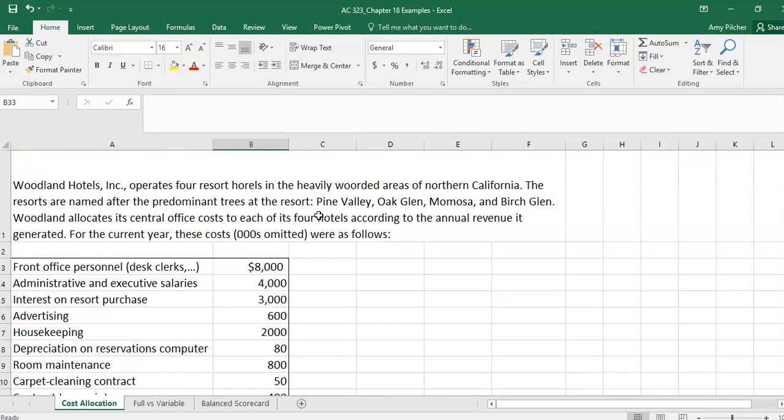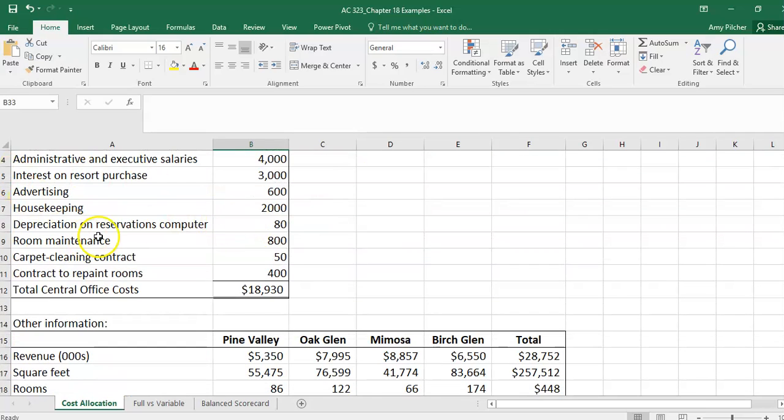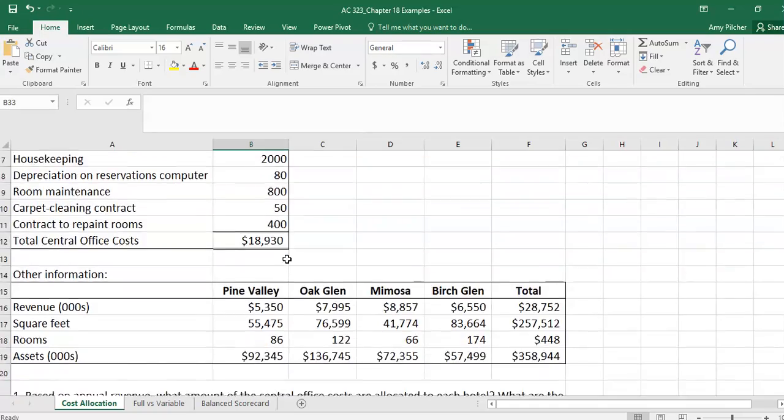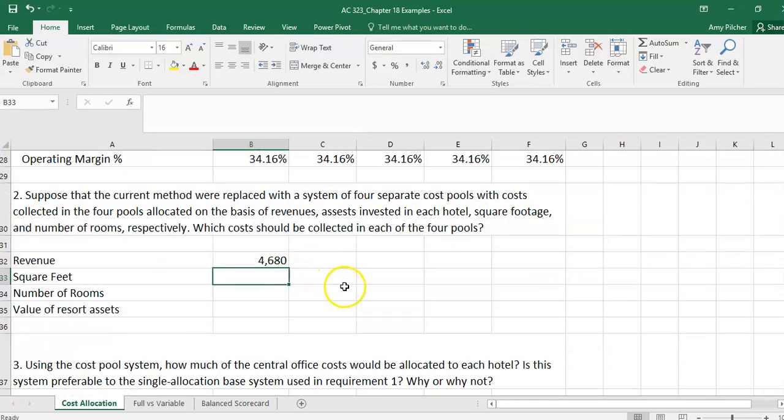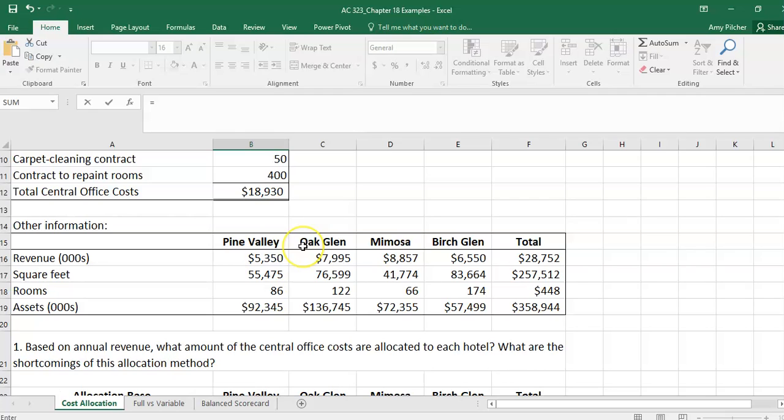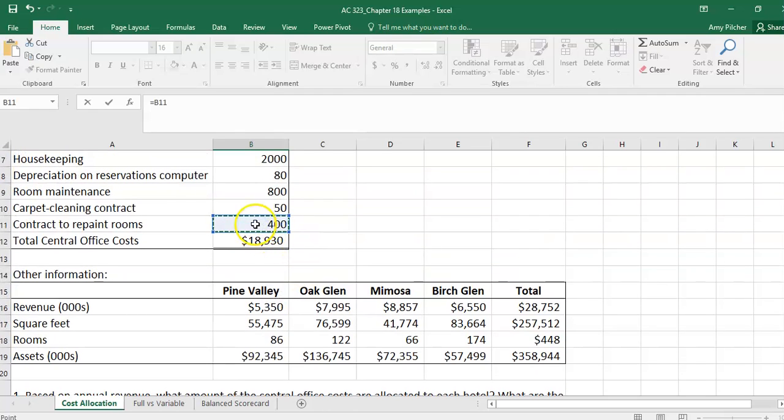The costs that make the most sense are the carpet cleaning contract and the contract to repaint rooms, because we could argue that both of these costs are driven by the number of square feet required to repaint and to clean carpet. So we're going to allocate based on square feet the contract to repaint rooms and the carpet cleaning.